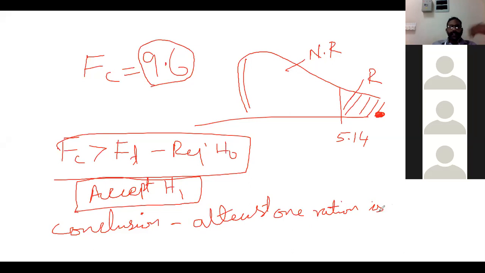We can't say ration is not equal to. What is the ration doing? What did we measure? Weight gain. Now relate with ration. At least one ration is causes for.